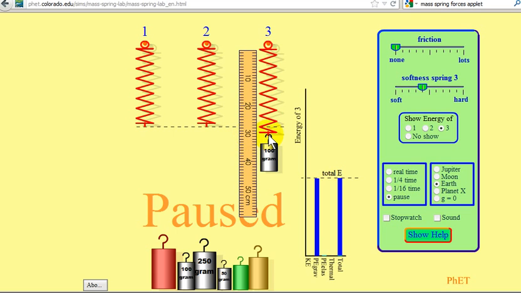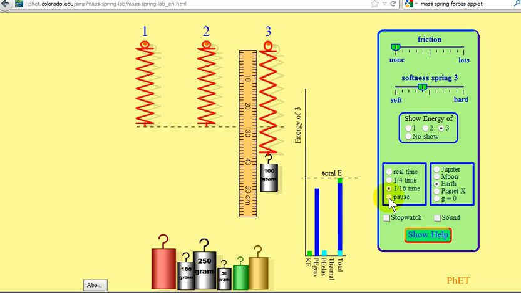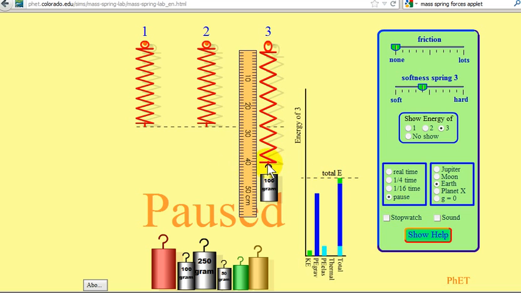At this mark, the speed is zero. When the speed is zero, the kinetic energy is zero. The potential energy is actually a maximum. Let's continue on the motion. When we reach the 40 centimeter mark, the kinetic energy is at a maximum. That means the speed is at a maximum.